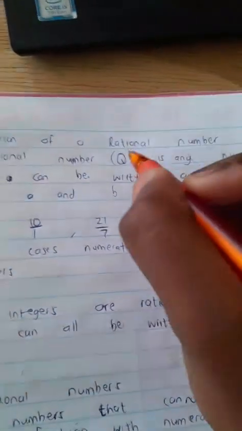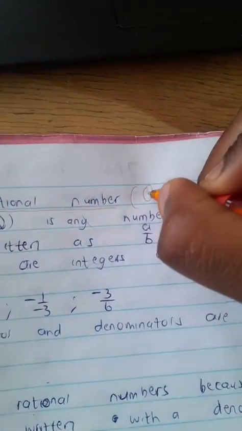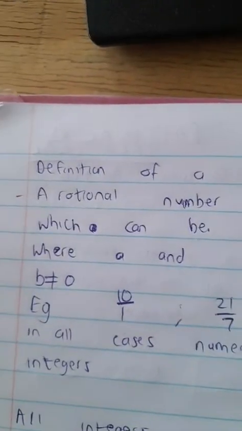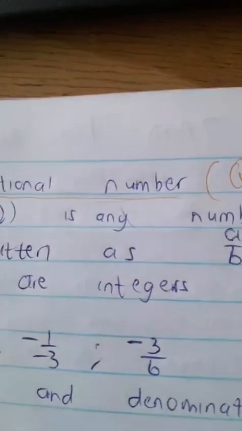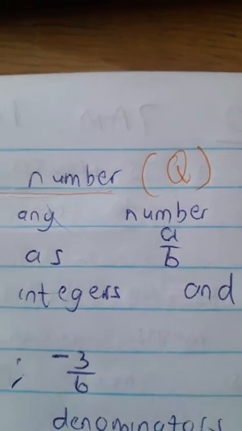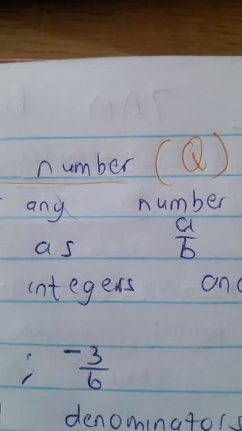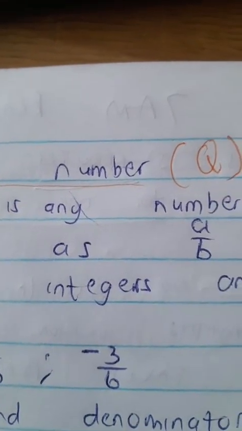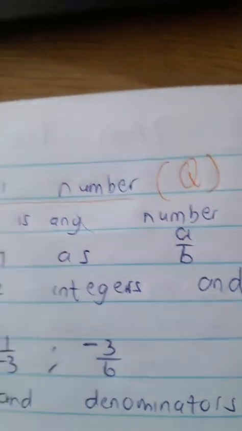Okay, now let's look at what a rational number is. Remember, the symbol for rational number was the Q, that's a standalone. What is the definition of a rational number? Guys, this definition needs to be hammered into your mind and your heart.